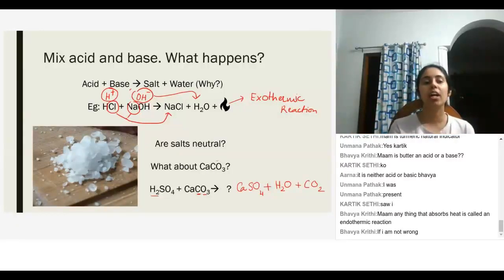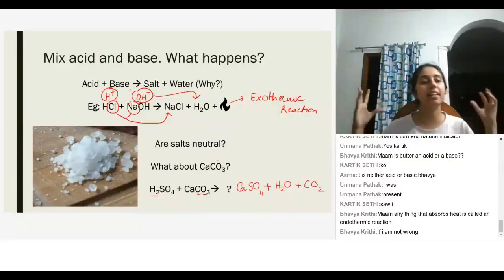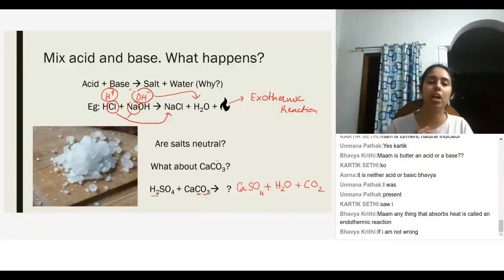So it depends on the strength of the acid and the base. That does not mean that the salt will have OH minus ions. It just means that the salt is basic in nature.